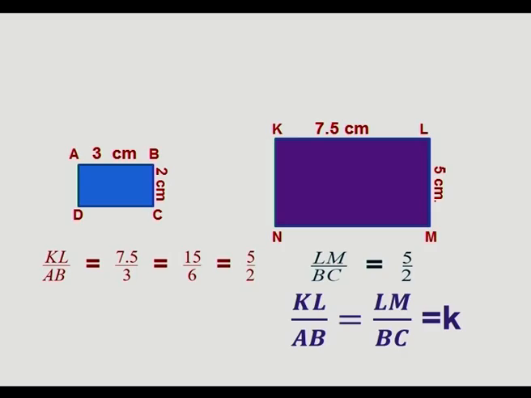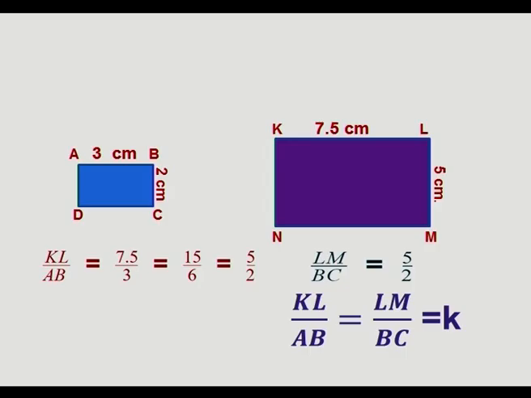Now, here K is 5 by 2, which is greater than 1. Observe, children, as the value of K is greater than 1, we got the rectangle KLMN as an enlarged one compared to the rectangle ABCD. Now, can you think of what will be the size of the second rectangle if the scale factor k is less than 1?